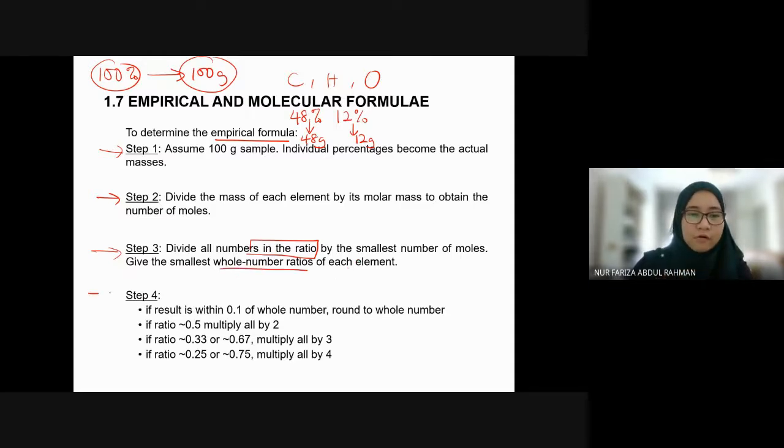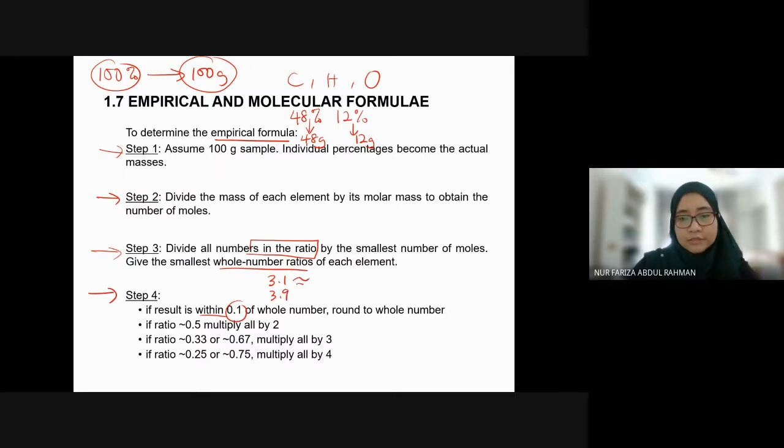Step number 4. If the result of the ratio is within 0.1 of a whole number, round to the whole number. Take for example, once you have divided with the smallest mole number, you got 3.1 or 3.9.